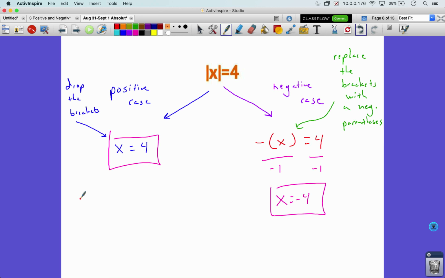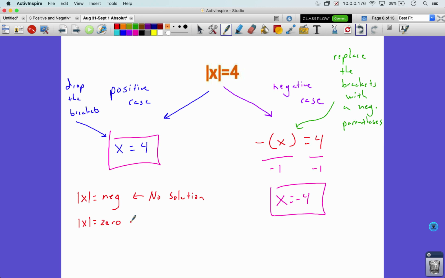It's possible to get no answers. So if you have the absolute value of x equals a negative number, every absolute value is positive, so this here has no solution. All right, if you've got the absolute value of x equals 0, well, there's only one way to make this 0.